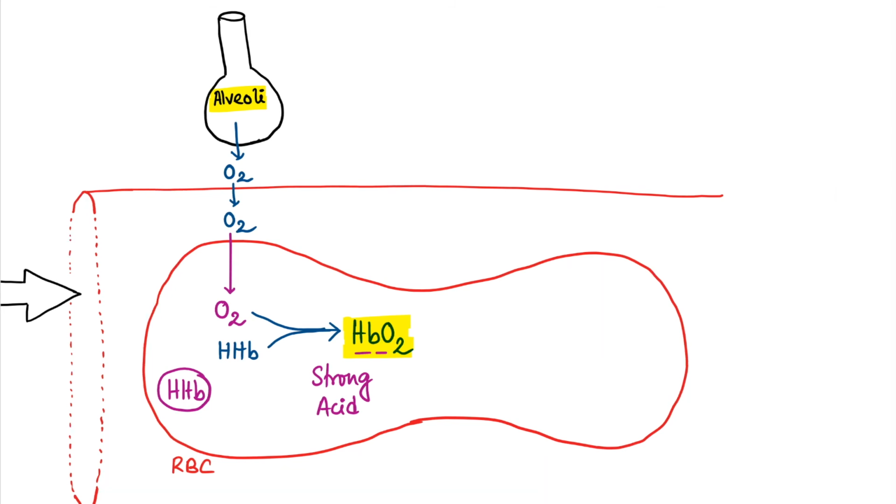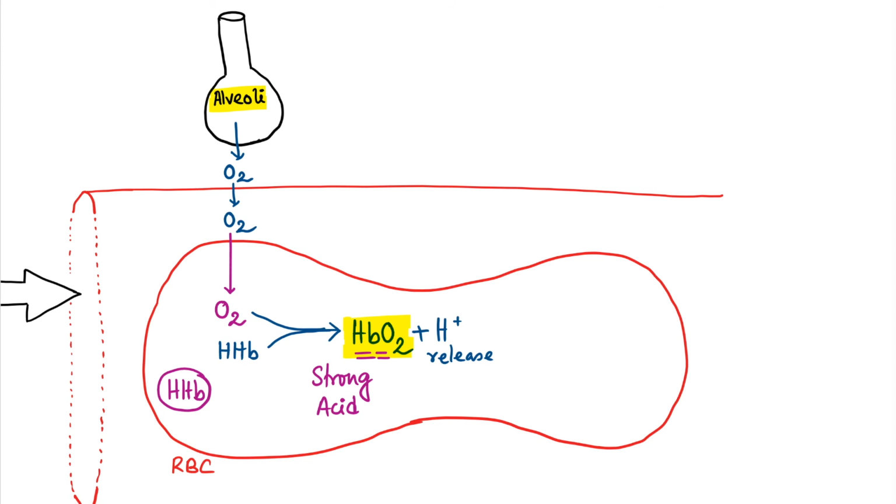Strong acid means it's a proton donator, meaning this oxyhemoglobin will not be able to hold the H plus ion or proton any further. So it will release the H plus ion.